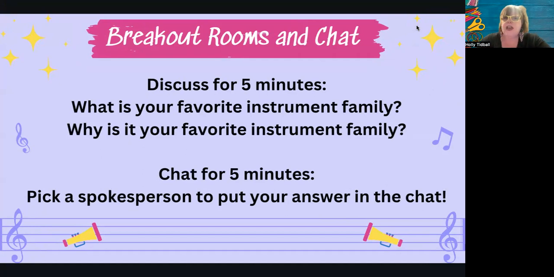I want one person in your group to be a spokesperson and put their answer in the chat. It doesn't have to be the answer for everybody, but I want to hear from at least one person in your breakout room.